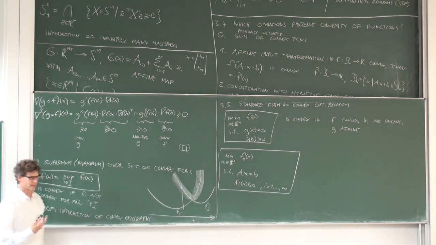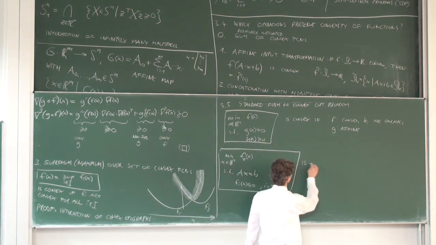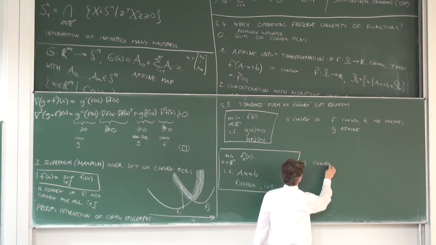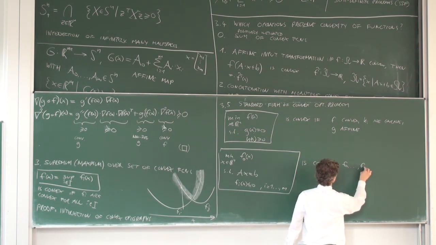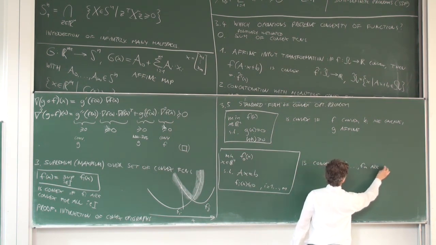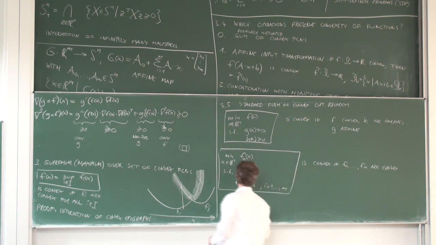I write this thing already in this form, which is a bit reordered, and then I could say this is convex if f_0 up to f_m are convex. So that's a nice abbreviation.